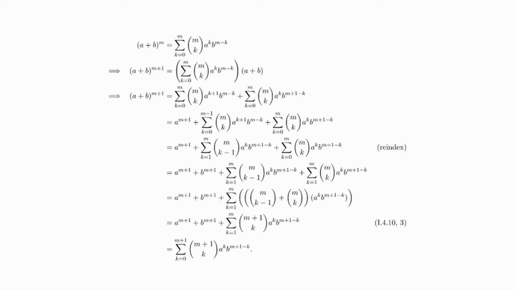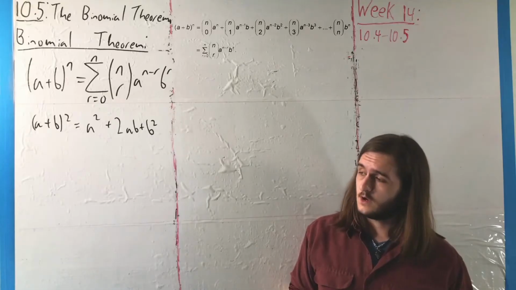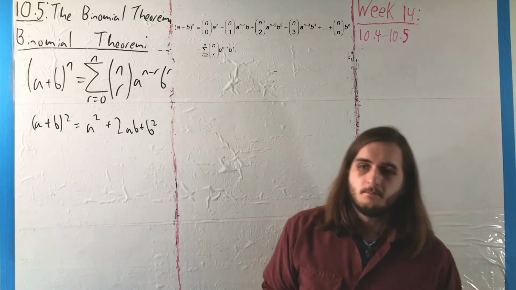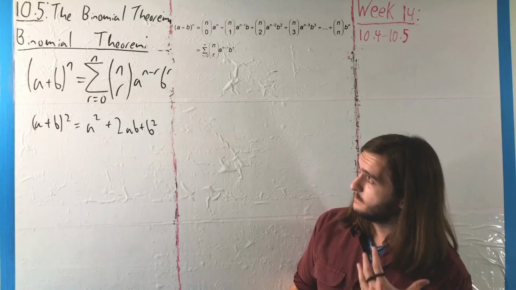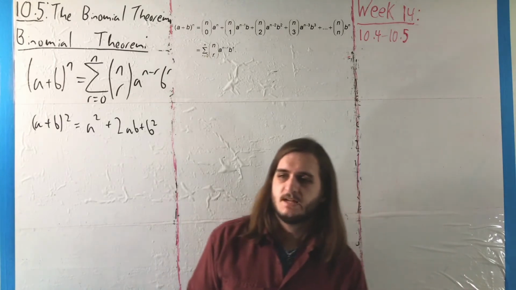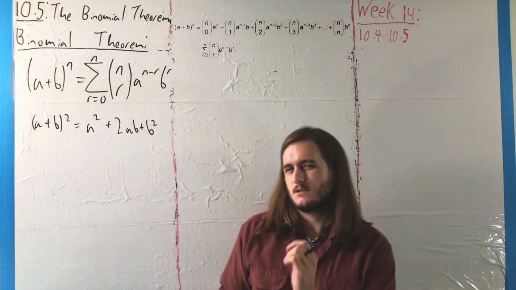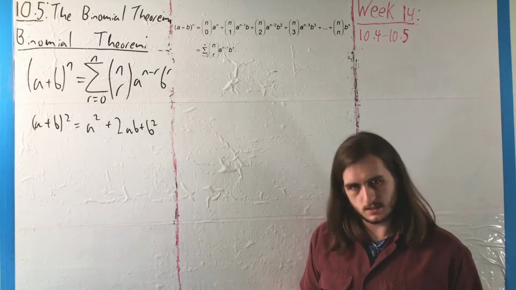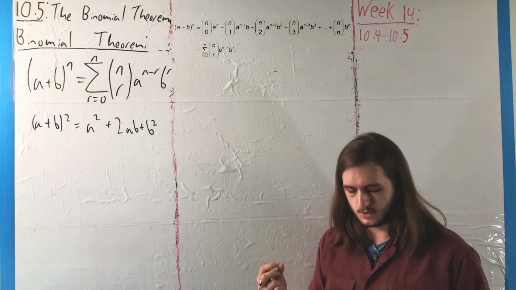It's a pretty complex induction proof, so I'm not going to expect you to follow along with that. I'm not going to put it up here except maybe as a quick bit so you can see what it looks like. But I think it's a little more intuitive, or at the very least a little easier to understand, if we think about this in terms of that choice idea, in terms of combinations.